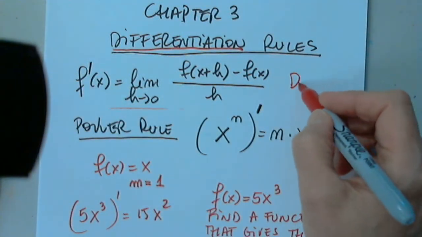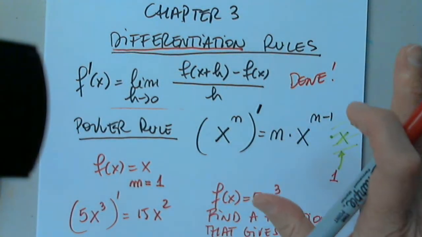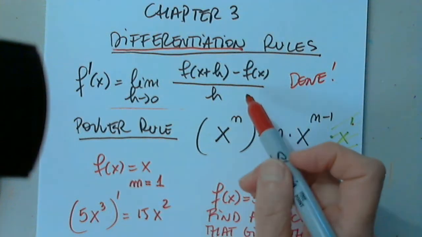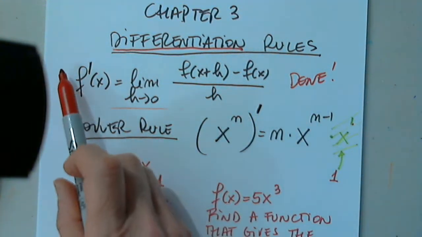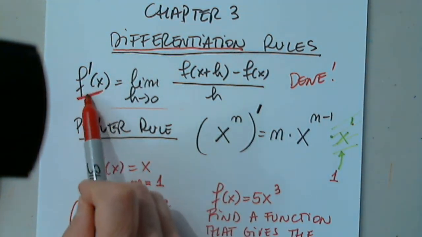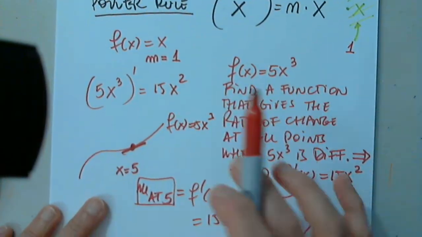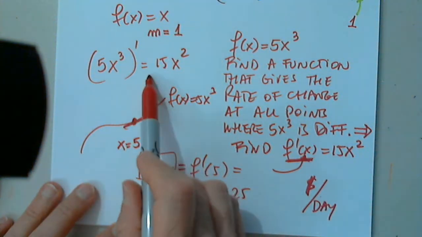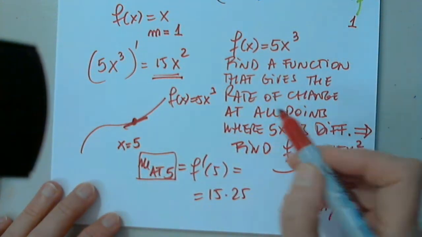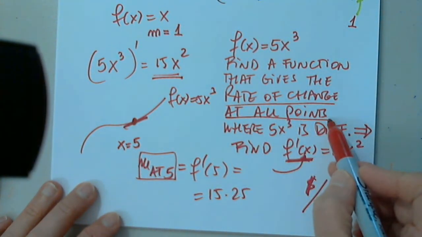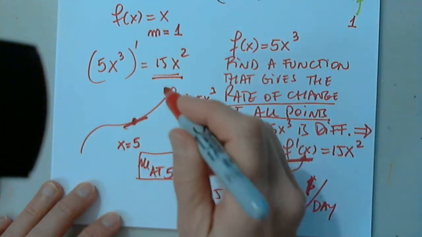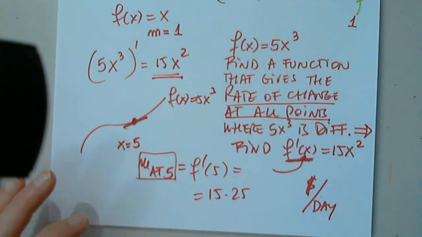This is done. We know how to find them with the limit, though it would be difficult for all functions. But we want to move away from that and find rules so we can find the derivative, or the rate of change, fast where the function is differentiable.